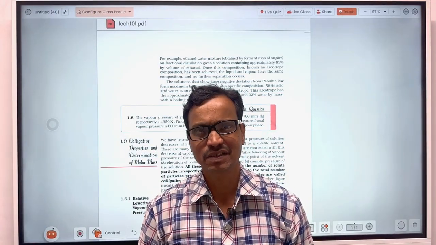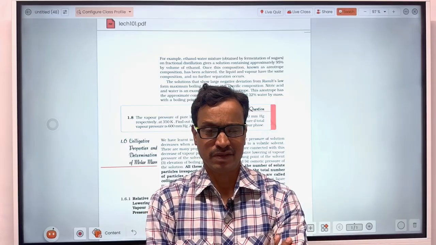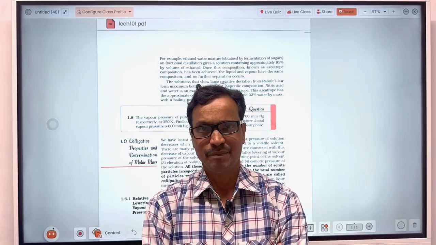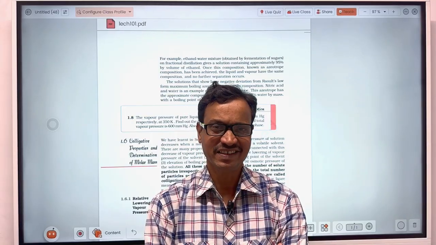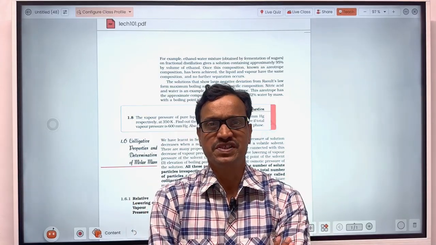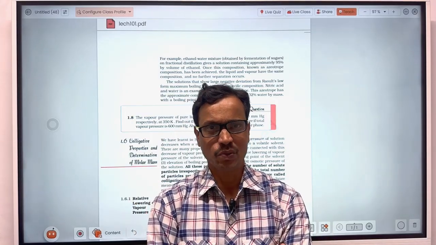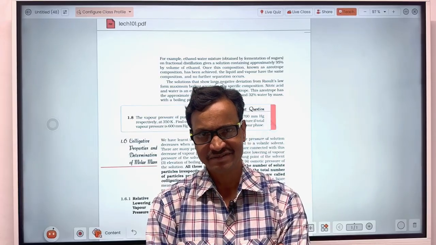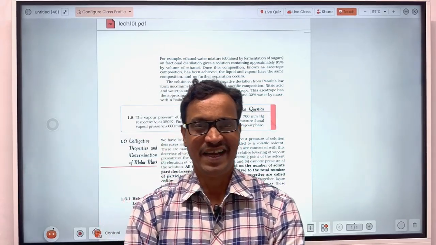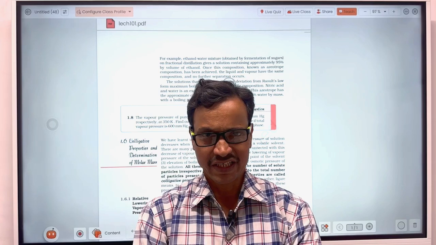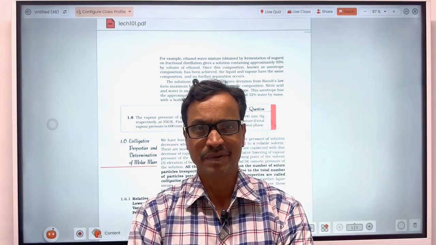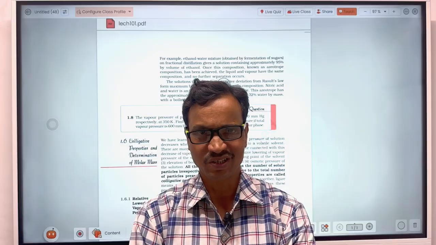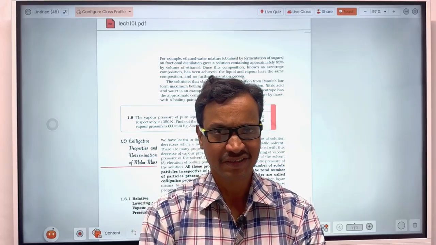At lower temperature the vapor pressure of the solution becomes equal to atmospheric pressure, and that is when the particles of this solution will undergo the vapor phase frequently. And when the vapor pressure of a liquid becomes greater than expected from Raoult's law, that is called positive deviation.